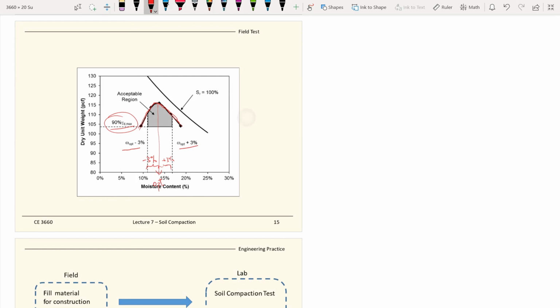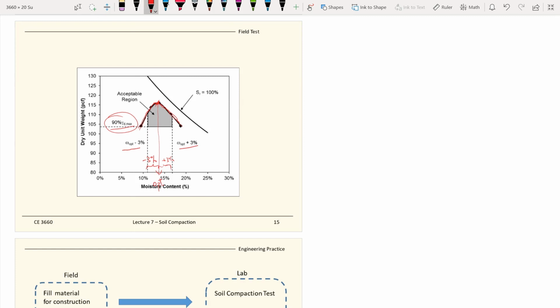Yes, you want to have 100% as the best. What is the best performance? Right at the optimum water content and also 100% maximum dry unit weight.